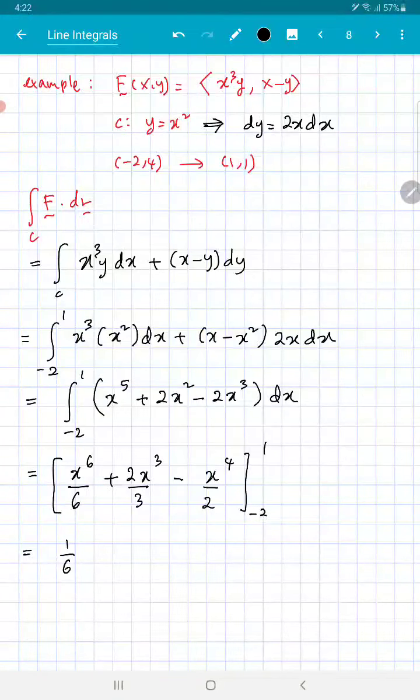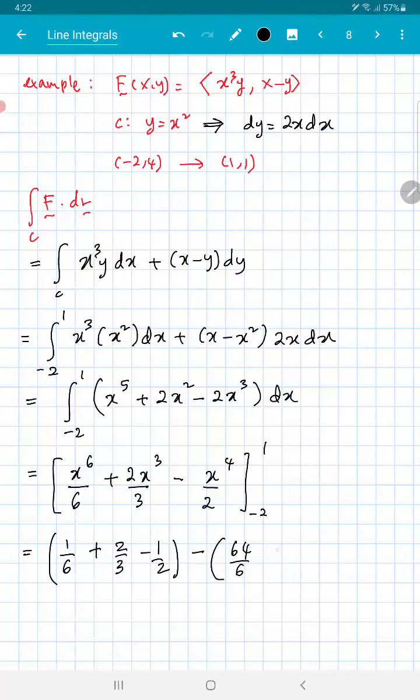Now replacing x with upper limit 1, so we have 1 over 6 plus 2 over 3 minus a half, that is upper limit, minus the lower limit: -2 to the power of 6 is 64, over 6. And here we have -2 cubed is -8, so we have minus 16 over 3. And then -2 to the power of 4 is 16 divided by 2 is 8.